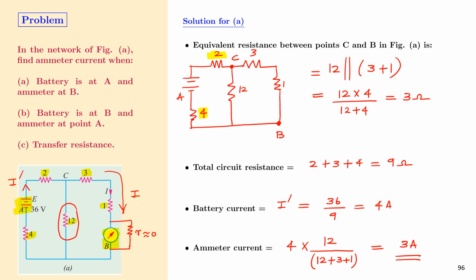That is, a 36 volt supply which is placed at A will result in the flow of a 3 ampere current across the ammeter.